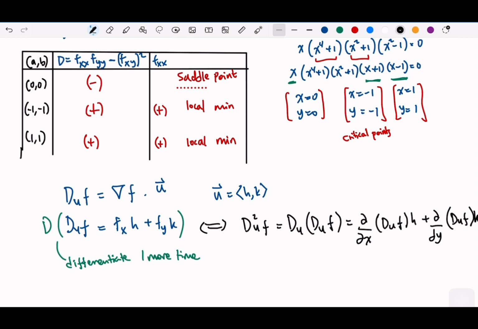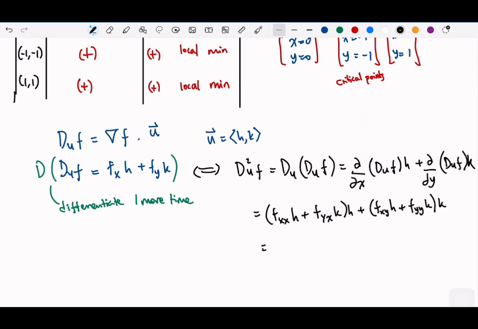Or let me just write, to skip some process, this will be partial xx h plus partial yx k, times h, plus partial xy h plus partial yy k, times k, and this will give you partial xx h squared plus 2 partial xy hk plus partial yy k squared, because they are the same.